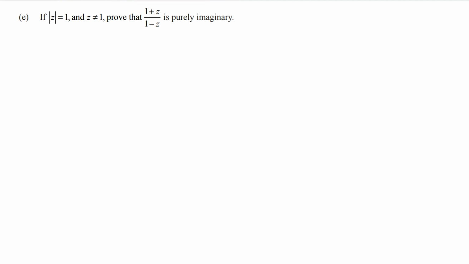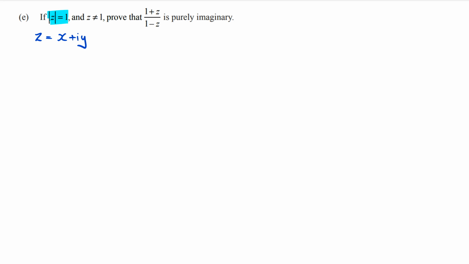Now question 2e here is just a long question, that's all it is. So anytime you get a question like this and you've got nothing given to you, you can do something like this. Put z equals x plus iy, because that's our starting point. Now the next point it says is the modulus of z equals 1, which is right here.